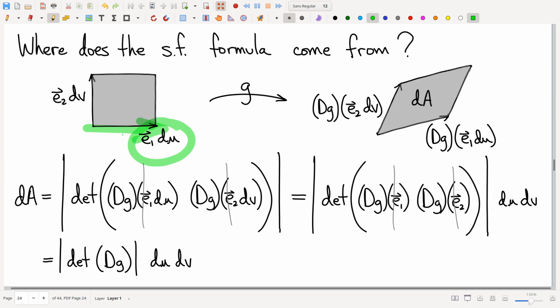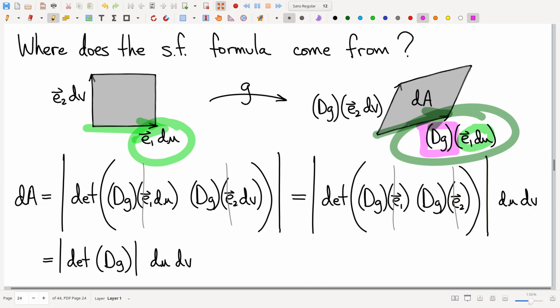Now, I want to know what happens to that to produce this output vector. And remember, we have a pat understanding of what you do to input vectors to produce output vectors. The output vector is what you get when you apply to the input vector the derivative matrix. The derivative matrix turns input vectors into output vectors.